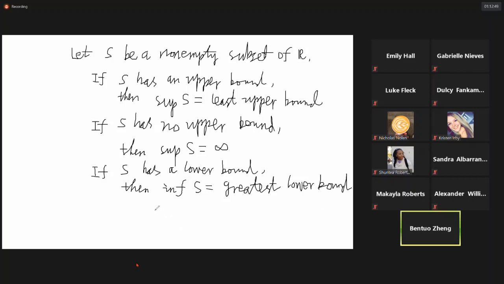And if S has no lower bound, then we call the infimum to be negative infinity. Then the infimum of S is negative infinity.